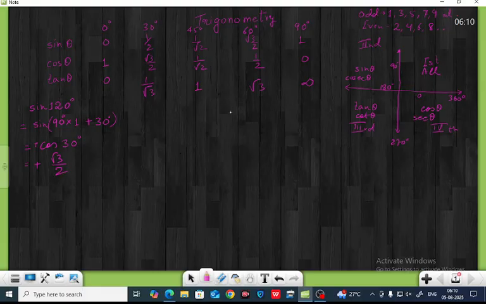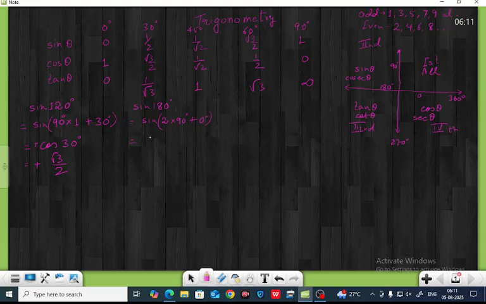Now we will find the value of sin 180 degree. What is the value of sin 180 degree? You can find it in this way: sin 180 can be written as 2 into 90 plus 0 degree, right?